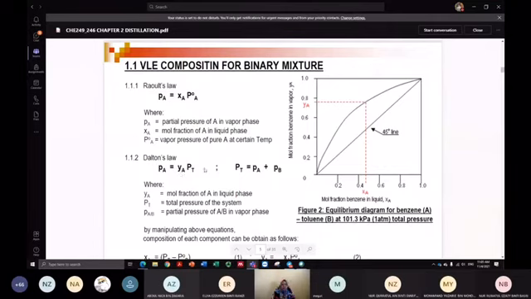Please check this one; I think this should be the vapor phase, so you can correct this.